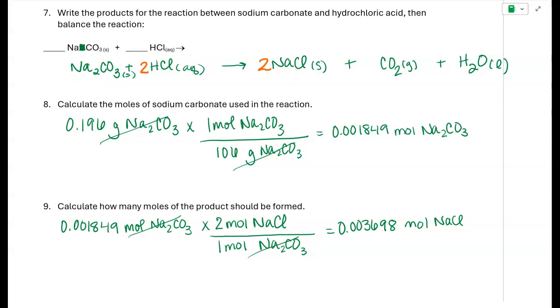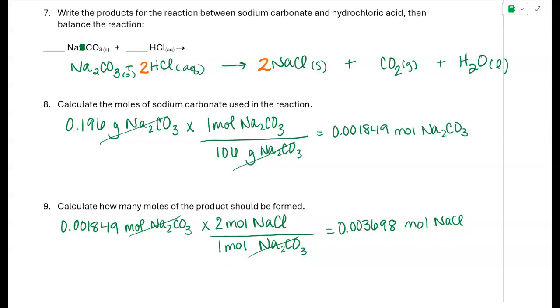And so that means that if we set up this molar ratio, that is a conversion factor. So we're starting off with 0.001849 moles of sodium carbonate, and then we have to multiply that by 2 because you get 2 moles of NaCl for every 1 mole of this. And so now you have moles of NaCl.